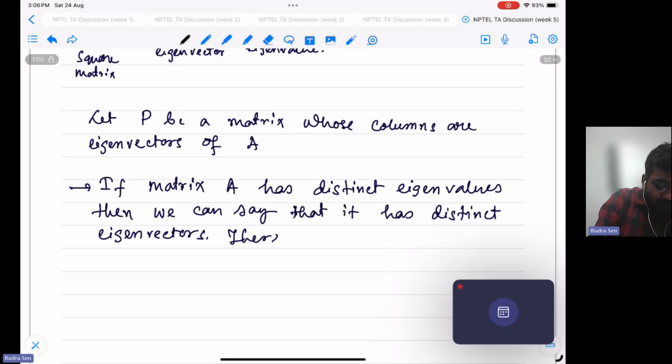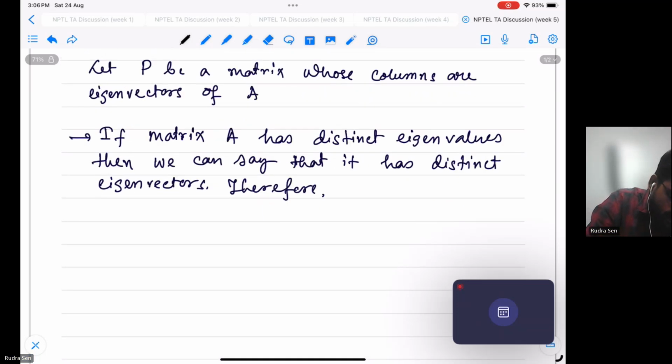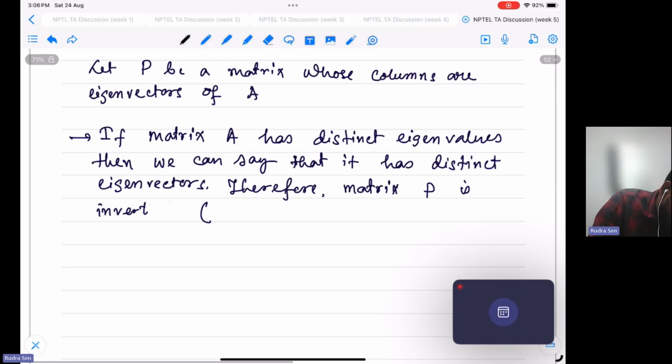Therefore, matrix P is invertible, or non-singular, right?